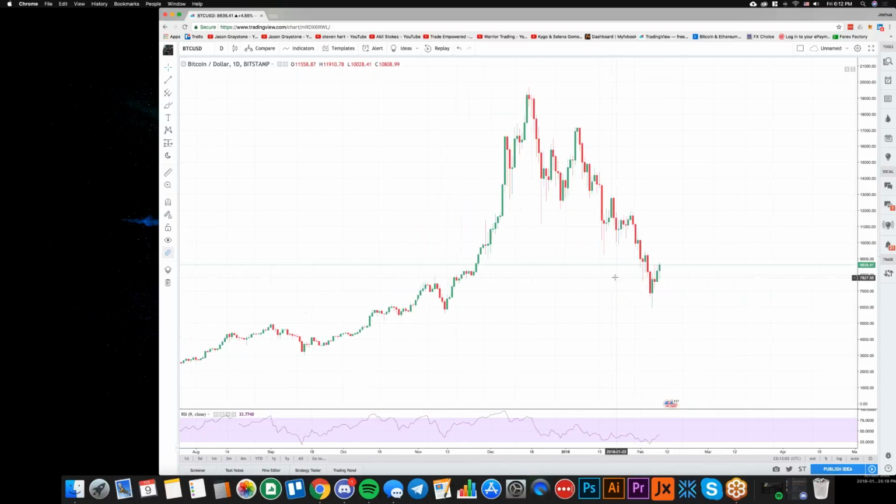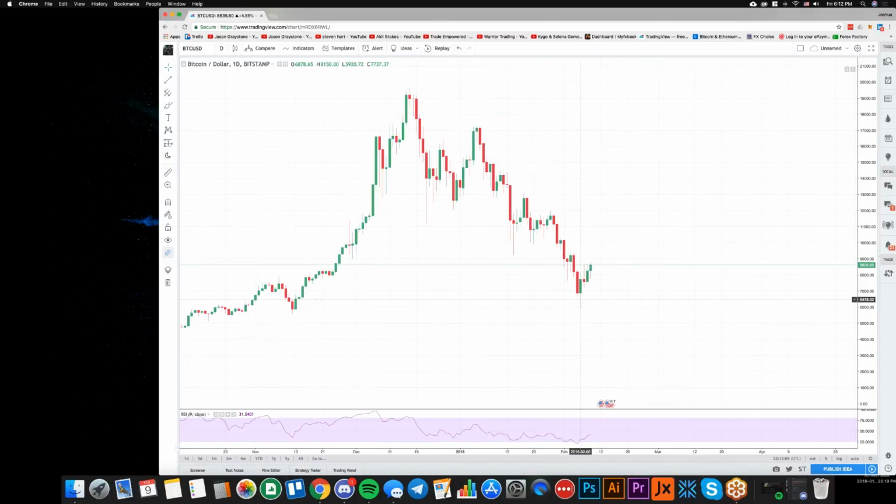It indicates that we have now shown a reversal pattern here. We found a floor, and now we are looking to continue back up. But the daily time frame gives you the big picture. It lessens volatility and gives you a clearer big picture of what the market is doing.